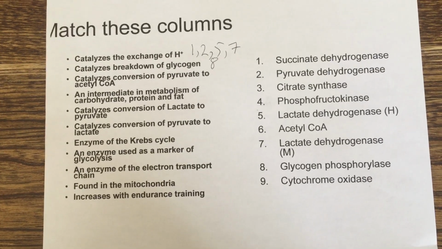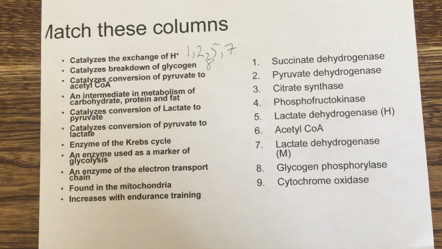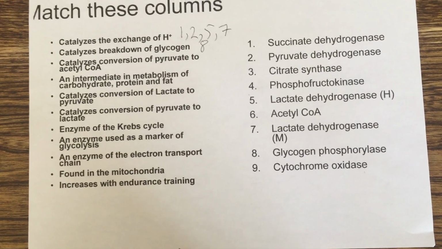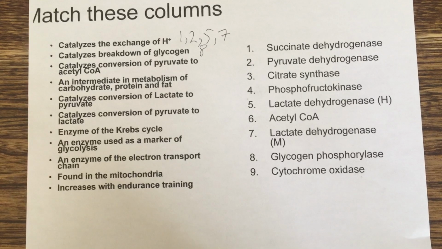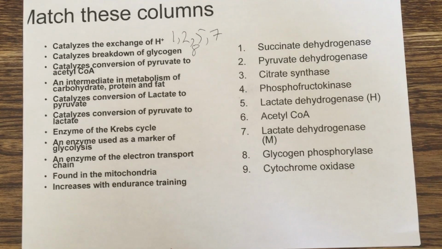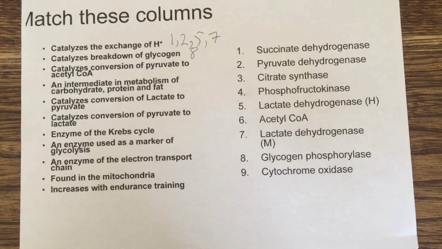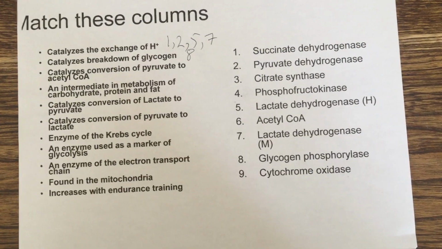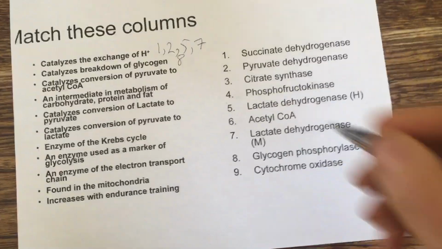This is essentially the pyruvate dehydrogenase reaction. It's that important reaction that will take carbohydrate metabolism into the mitochondria to oxidize your carbohydrates or your glucose, essentially taking pyruvate in to get it converted to acetyl-CoA, and then that would enter the Krebs cycle. So your answer here is number 2.